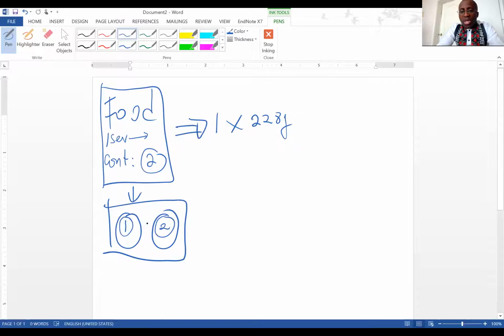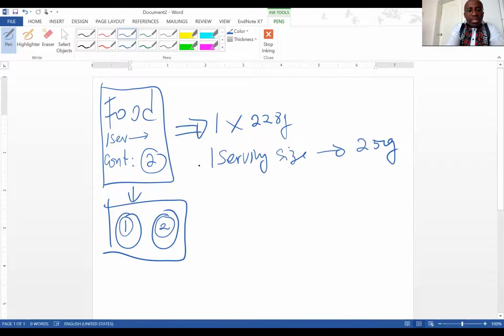Okay? So if we say one serving size, we talk about sugar. If one serving size is, for example, 25 grams of sugar, but if you eat only one serving size, no problem.